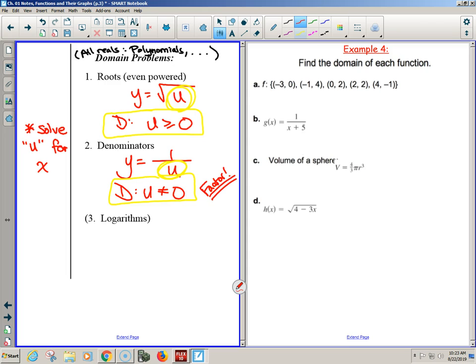Just because you guys are awesome, why not? Let's go a couple chapters in the future and talk about logarithms. Whatever log you have, and for right now I'll just say log base b, but you remember ln, which has a special base, natural, or the common log that has an understood base of 10.